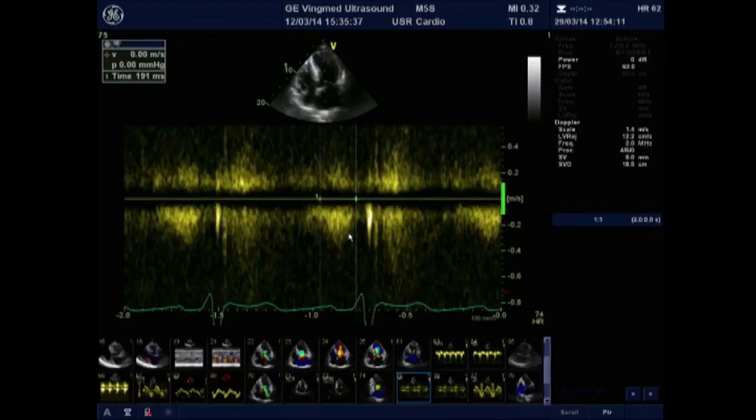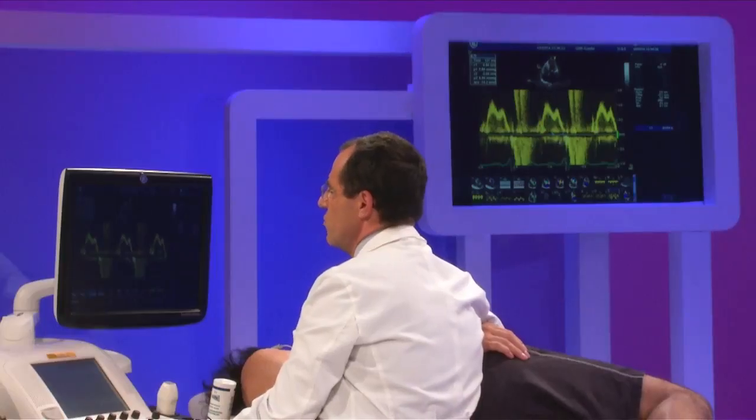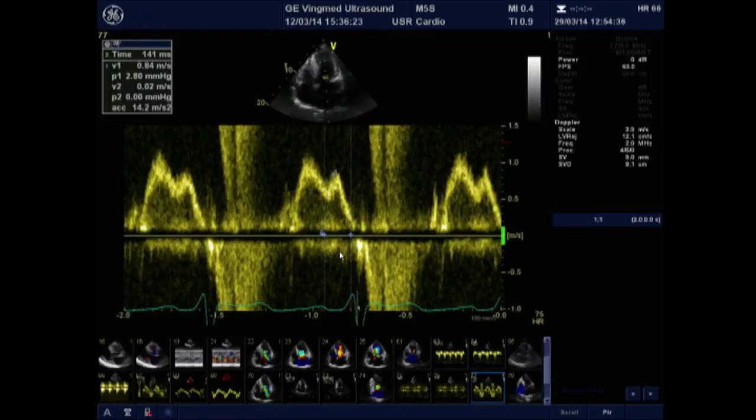It's important to remember this figure, 191, also to measure its velocity, 0.4 meters per second, and after to compare the duration with the duration of the A wave in the transmitral inflow profile. So it was 191 the measurement of the A reversal wave in the pulmonary venous flow, and the duration of the A wave in transmitral inflow is 141.